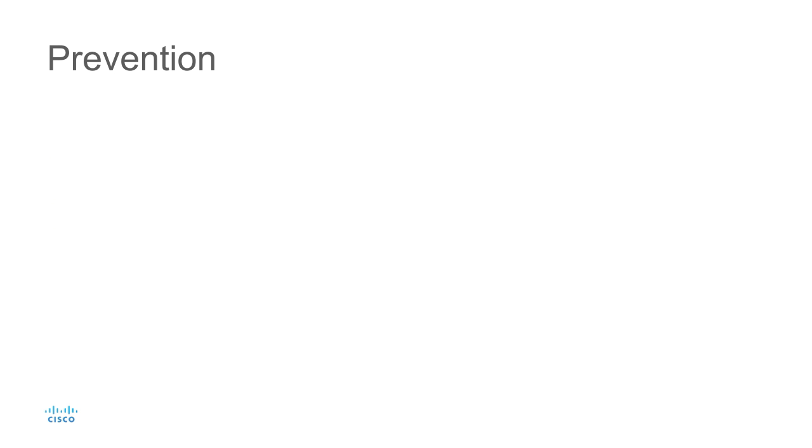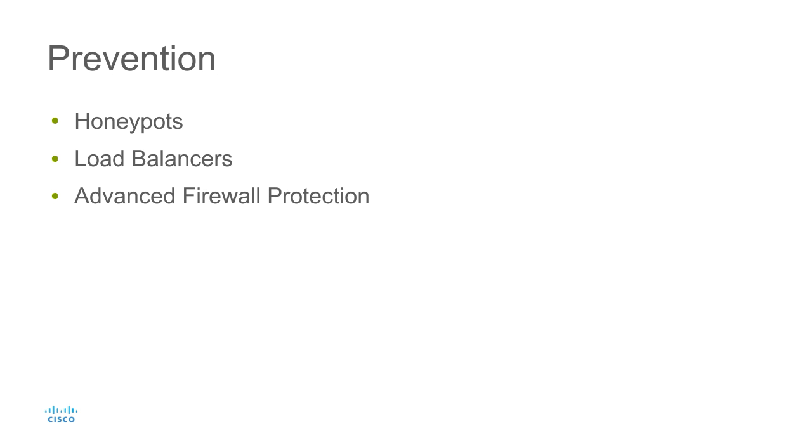Well, there are a number of ways to protect against these different areas of attack. Some common ones include using honeypots to trap the malicious activity and divert it from our real targets. Using load balancers to manage the amount of traffic that we have. That helps to provide efficiency on the network, but also acts as a security measure. Implementing advanced firewalls and encrypting our data. Ensuring that we put our configurations through the proper tests so that we don't run into any misconfigurations.